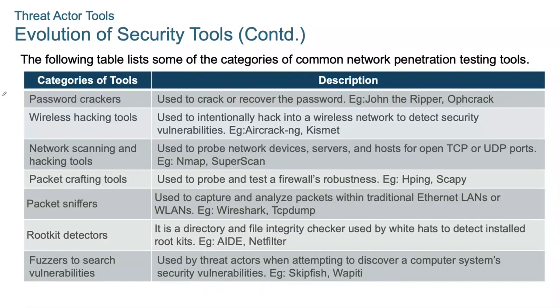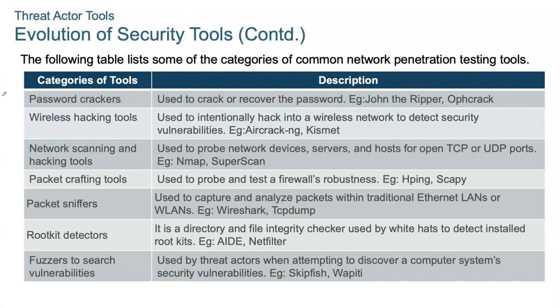Then the wireless hacking tools. These wireless networks are more susceptible to network security threats. So these wireless hacking tools are used to intentionally hack into a wireless network to detect security vulnerabilities.